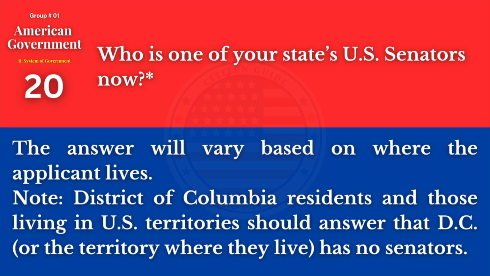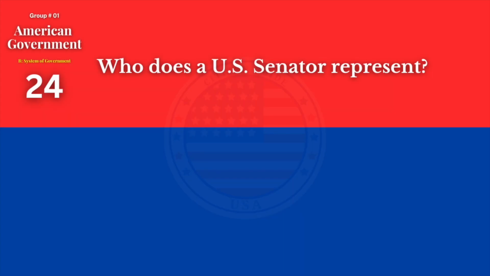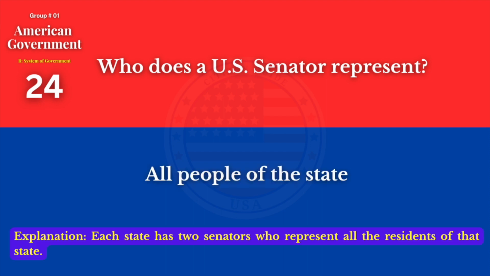Note, District of Columbia residents and those living in U.S. territories should answer that D.C., or the territory where they live, has no senators. Who does a U.S. senator represent? All people of the state.